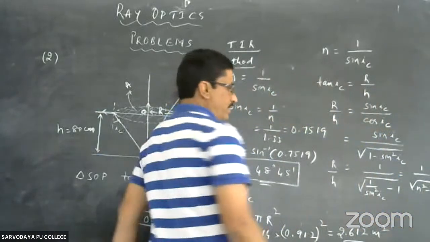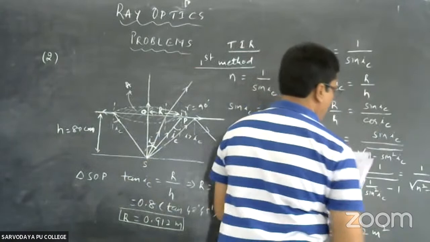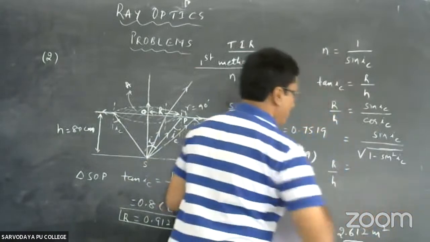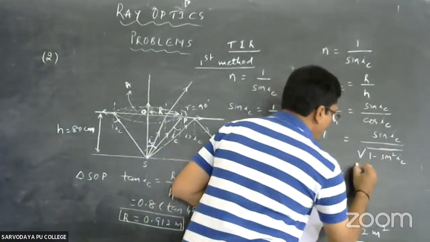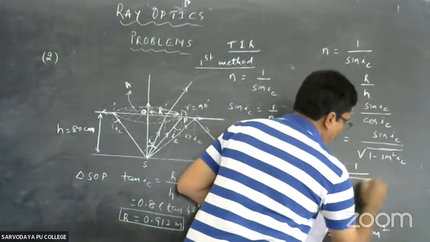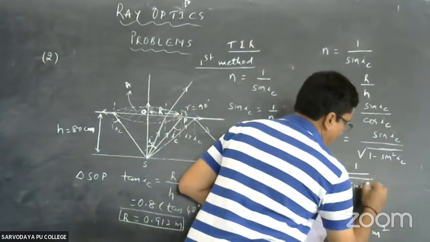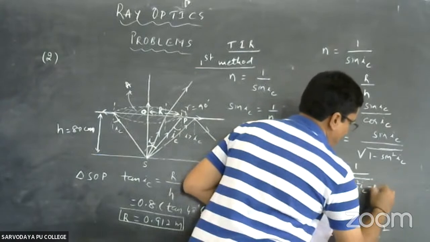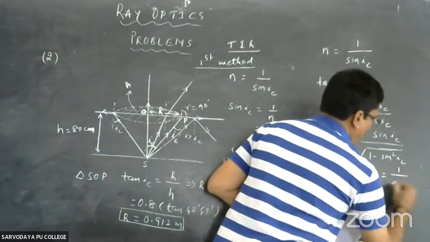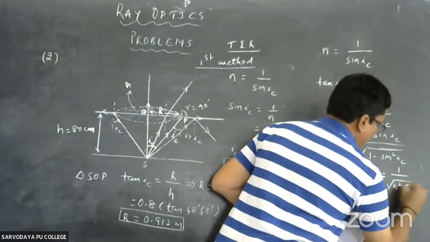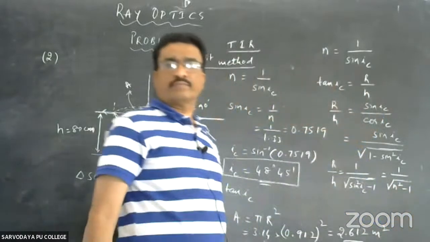Therefore, R by H is equal to 1 by root of n square minus 1.